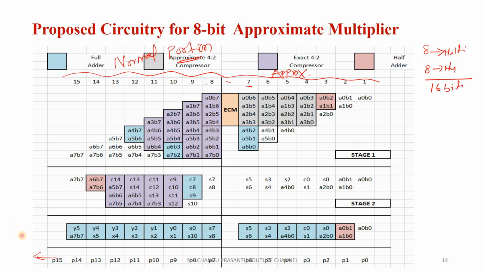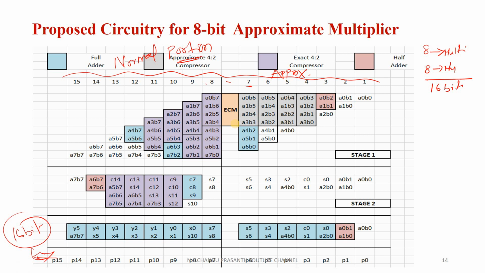Observe that we are employing the error correcting module only in the approximation portion. That's why the hardware overhead is also very small. So here the question generally arises: we are additionally using an error correcting module in the multiplier design.